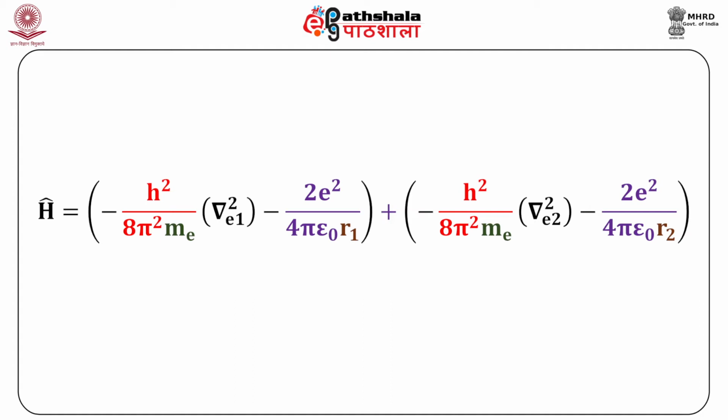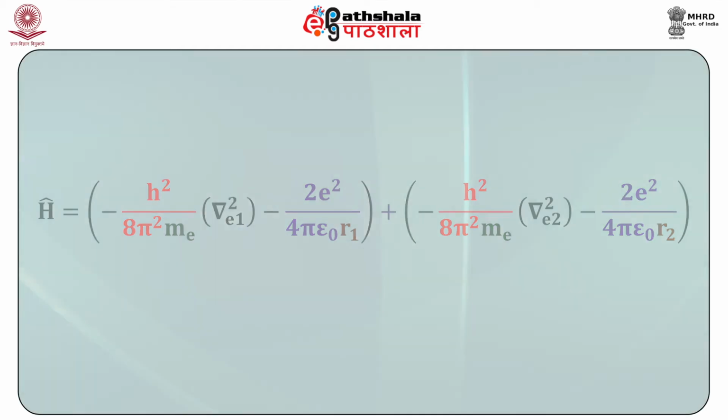So these are the two terms in one parenthesis, and in the second parenthesis we have the terms minus h² upon 8π²me ∇₂² minus 2e² upon 4πε₀r₂. So these are the two terms in the second parenthesis.